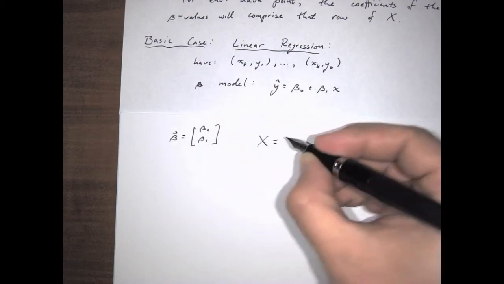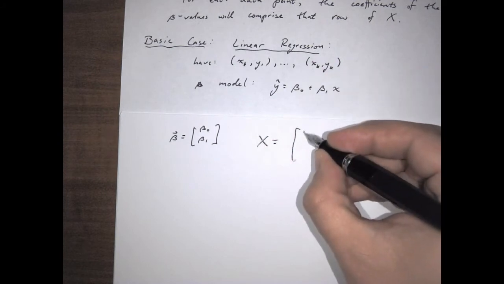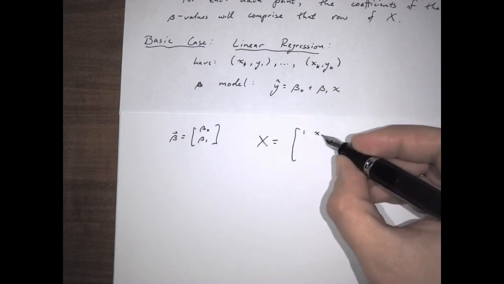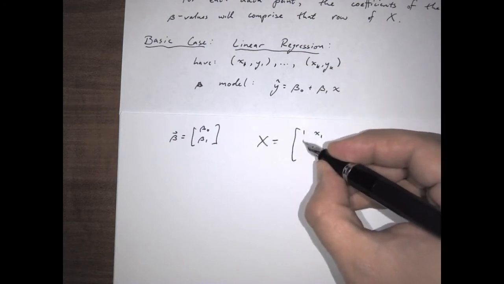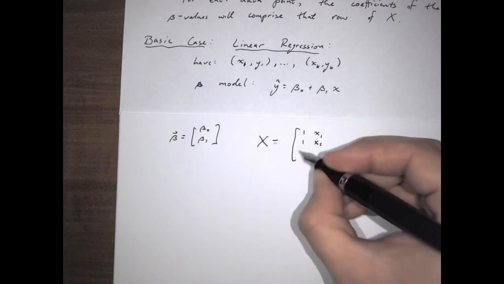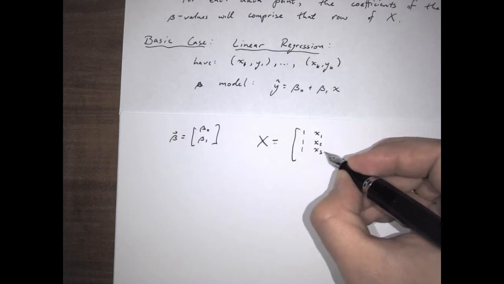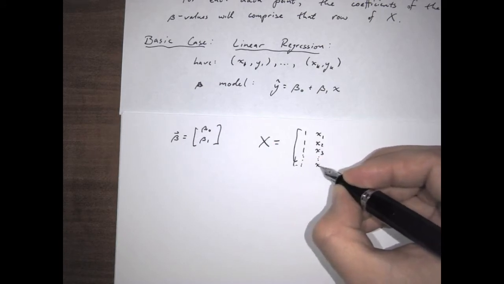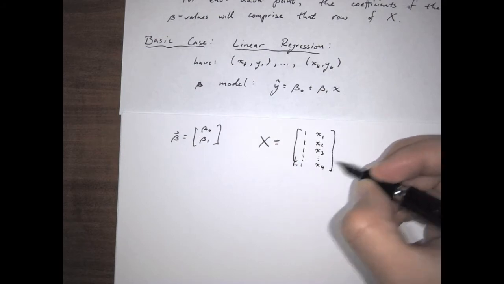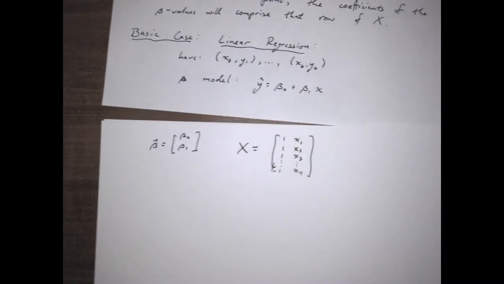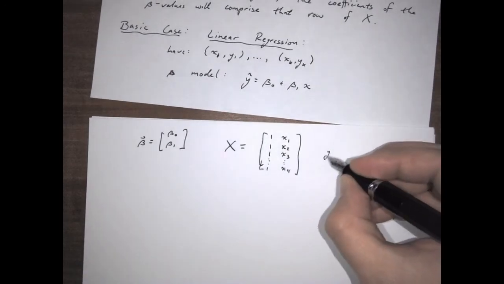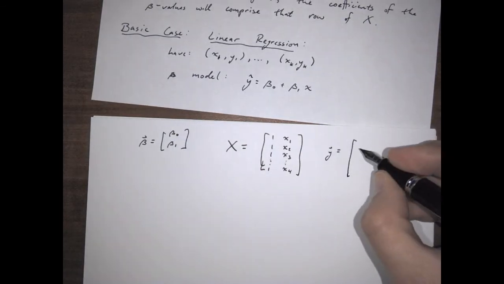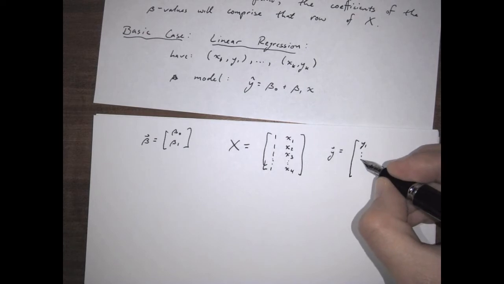And the design matrix will be, you just take the coefficients, and for each data point the constant term is just going to have a 1, and then x. So the rows are 1, x1, 1, x2, 1, x3, and so on down to the last one, 1, xk. It'll have as many rows as we have data points, and then the observation vector will equal y1 down to yk.